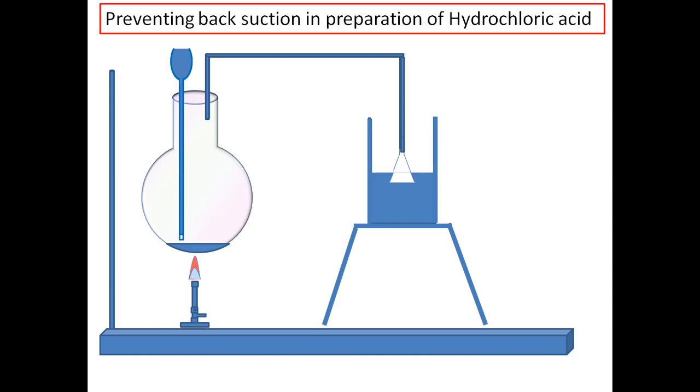It again comes back into the gas jar, and this process continues, and the water in the jar is converted into hydrochloric acid as the hydrogen chloride gas coming from the round bottom flask gets dissolved in water.